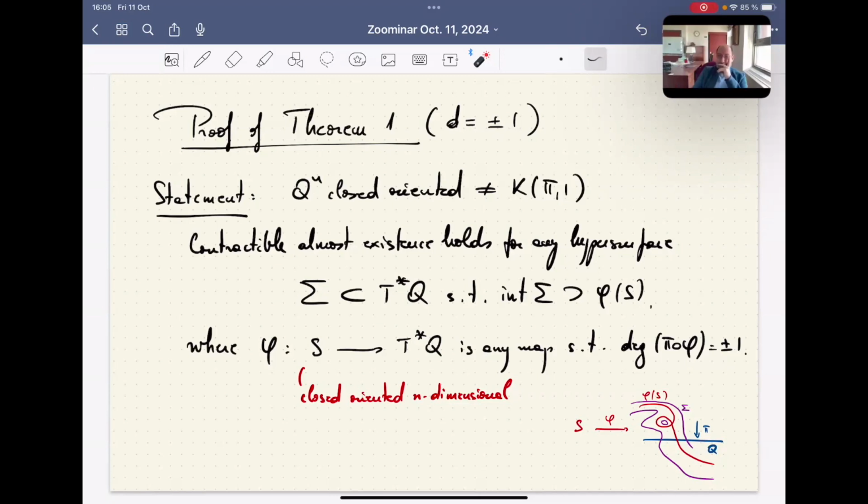And we're saying that contractible almost existence holds for any hypersurface that encloses the image of a closed oriented n-dimensional manifold S by a map whose degree is plus or minus 1. So I drew here a little picture. The image can be complicated. It can have self-intersections and so on, but it must have degree 1 when I go to the cotangent bundle and then to the manifold. So that's the statement.